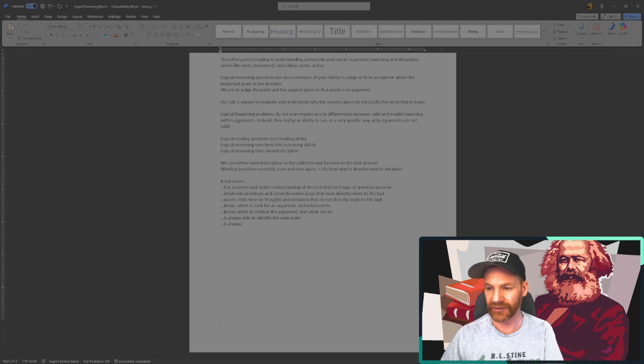Is always able to identify the support. Is almost always able to figure out why the support doesn't justify the conclusion.